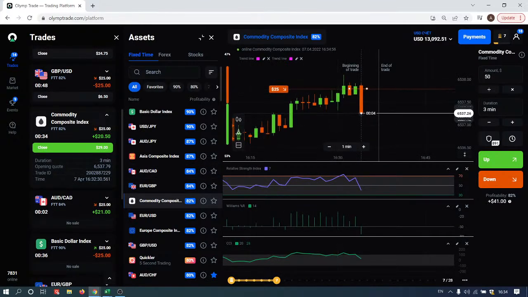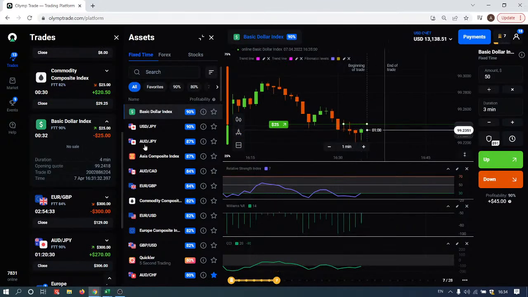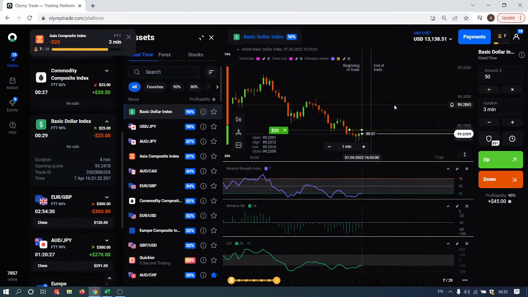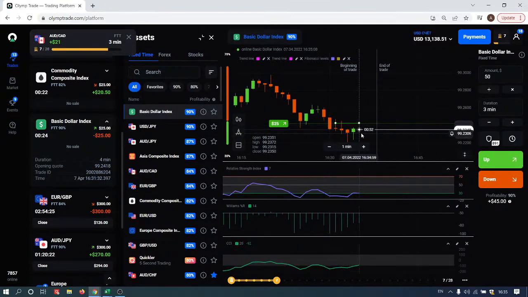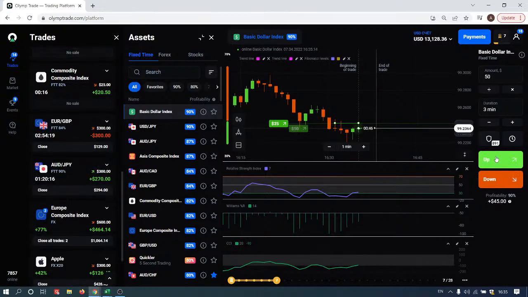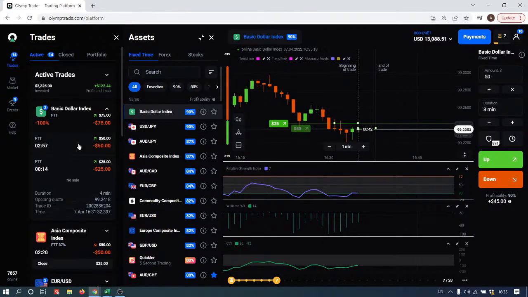And the commodity has reversed, which is very nice. I just don't understand why the Basic Dollar Index has not reversed. It should have. Okay, I will add another position here. So this seems to be a very nice option here.